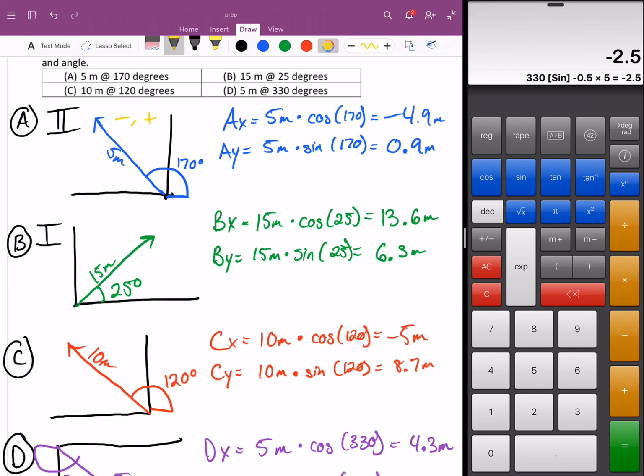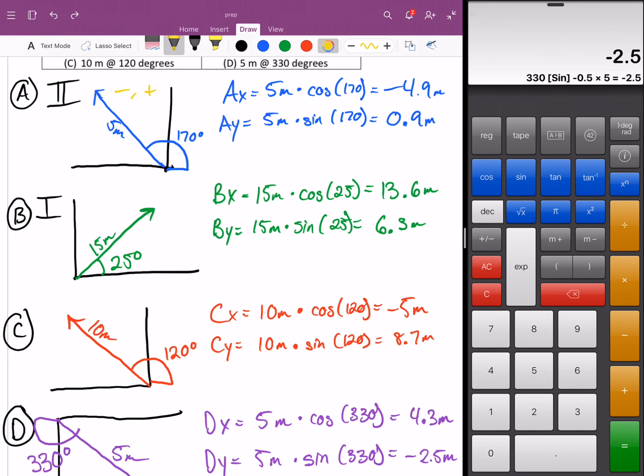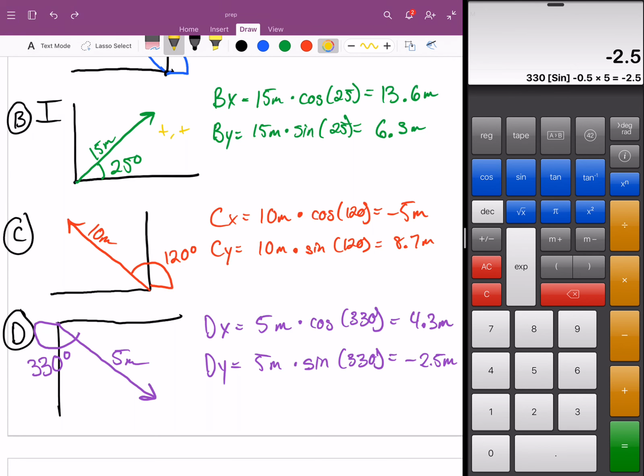You get the same pattern in quadrant 2: negative x, positive y.